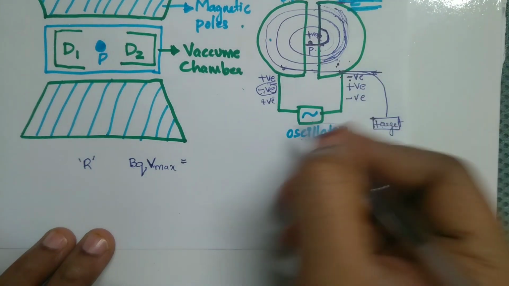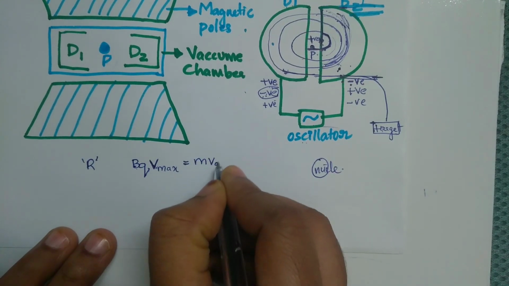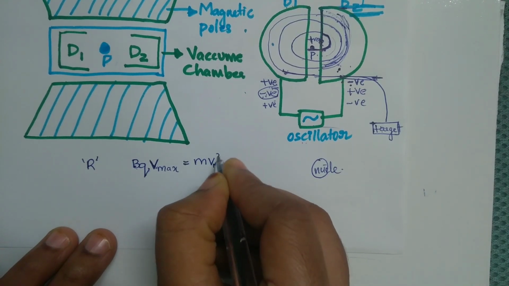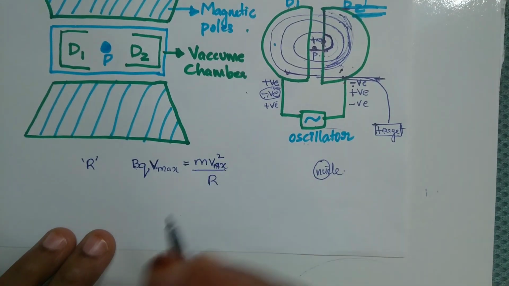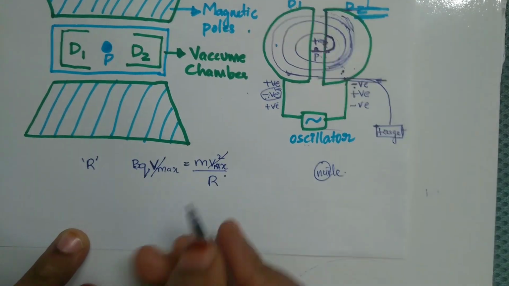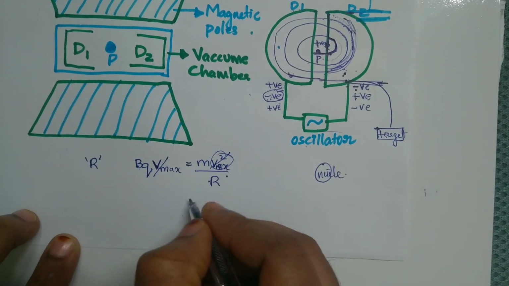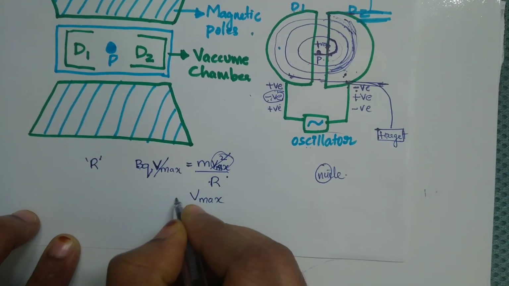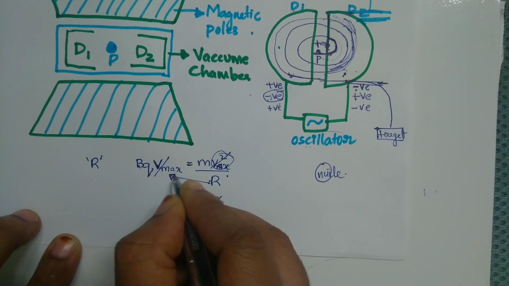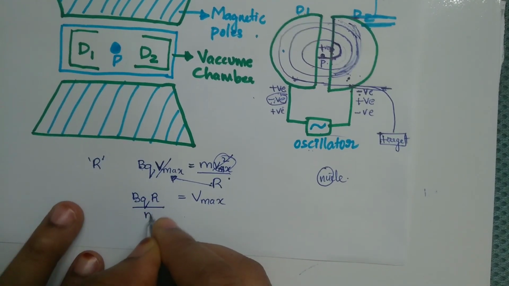Since it is moving in a circular orbit, the centripetal force is provided, so we can say V max square divided by R. This is the equation for centripetal force. So from here one V gets cancelled. If you want to find V, keep V max here, R will move to this side, and we will get BQR divided by M, right?